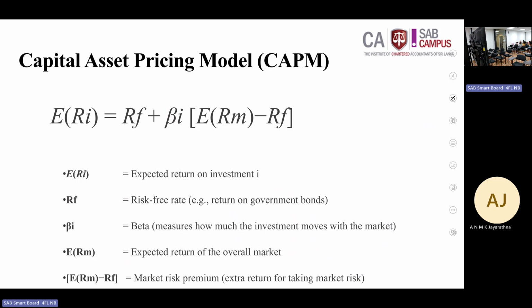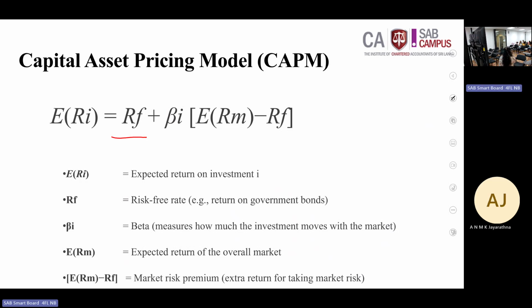So we'll just go through the formula, the way of identifying the return for a share, right? So this says that at least, if you are a shareholder, the company has to provide you a return more than the risk-free rate.